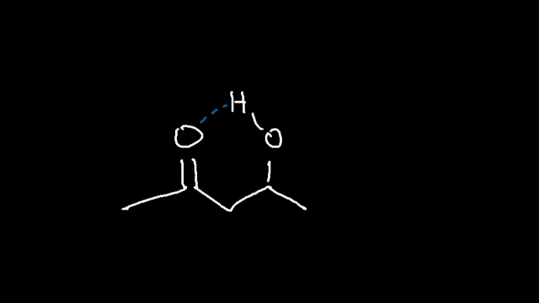The hydrogen bond is between a hydrogen and an oxygen that's not covalently bonded, which are these two. These two are covalently bonded. So this is the H bond. So that's why this particular enol is much more stable than the other one. It's due to conjugation, and it's stabilized by an intramolecular hydrogen bond.